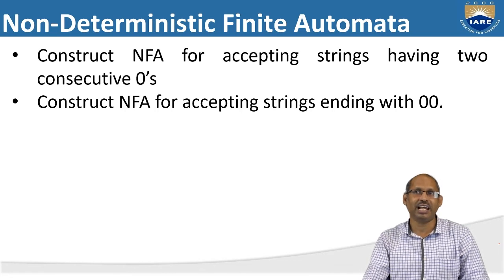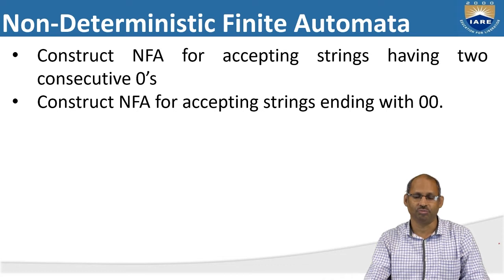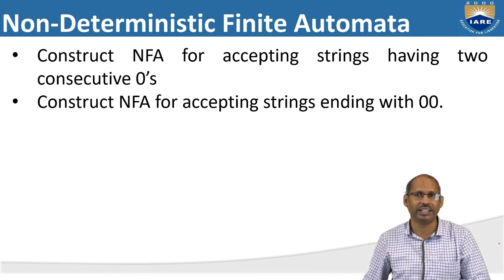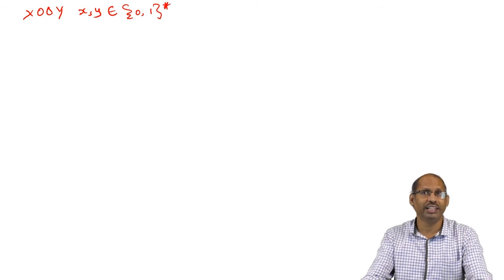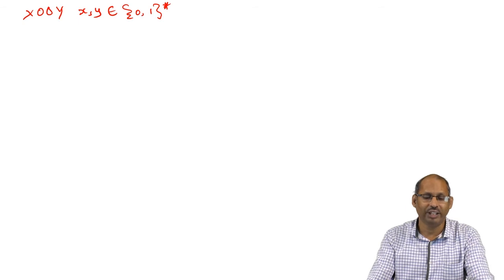Now, construct an NFA for accepting two consecutive zeros. We'll check these two examples of construction. The strings are of the form x00y, where x and y belong to a sequence of 0s and 1s. What is the condition? Containing two zeros.